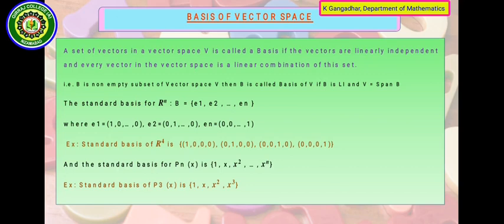So the standard basis of Pn of x is 1, x, x square, so on x to the power n. Suppose we take n equal to 3. The standard basis of P3 of x is 1, x, x square, x cube. This way we define the standard basis of vector spaces.